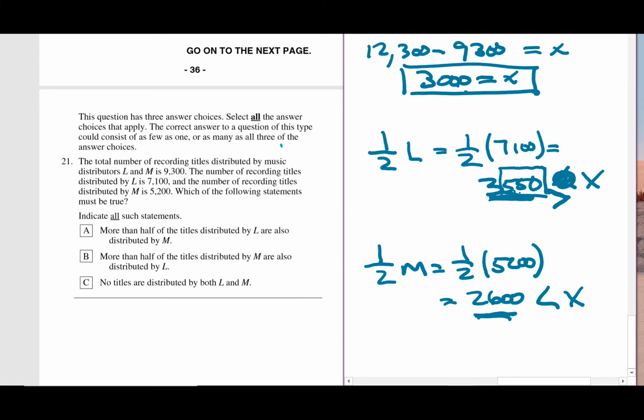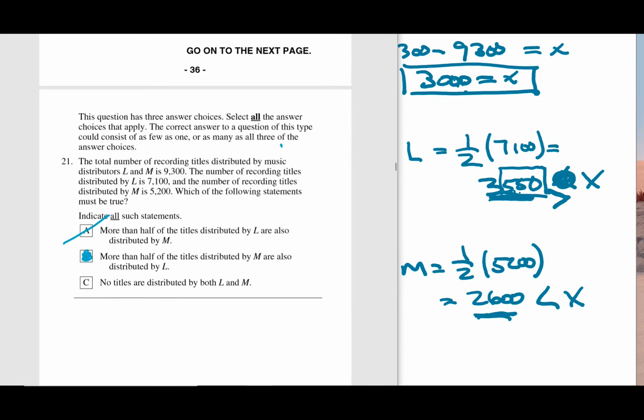And of course, there's 300 remaining to get to this point, so therefore more than half of the titles are also distributed by L. If you increase this to 27, that satisfies more than half, but it still satisfies that they're also distributed by L.